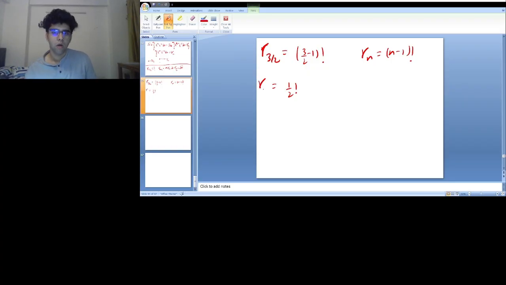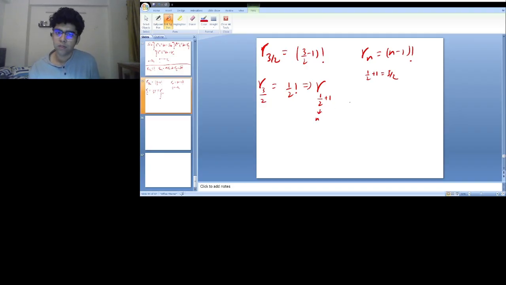Or I can write gamma 3 by 2 as gamma n plus 1, and n plus 1 is half plus 1, which is equal to 3 by 2. Or let me write this as 1 plus half.